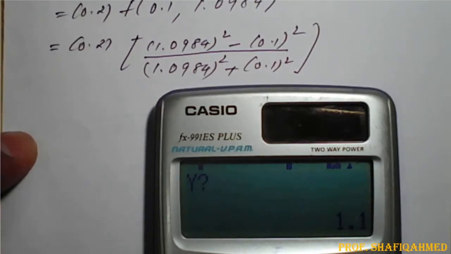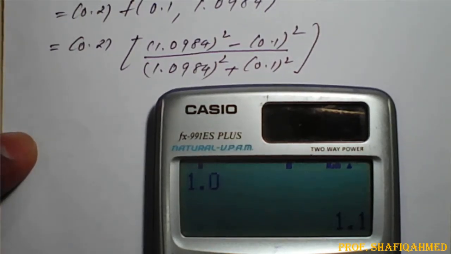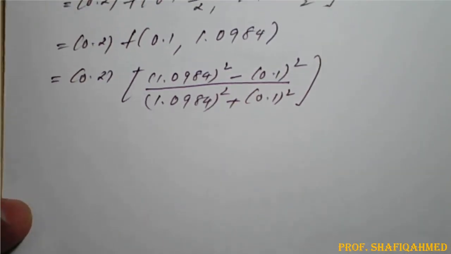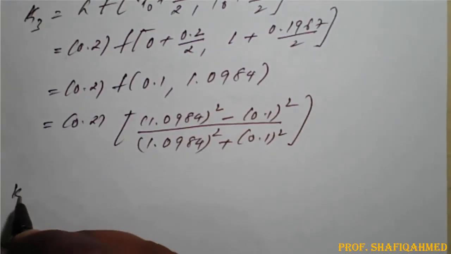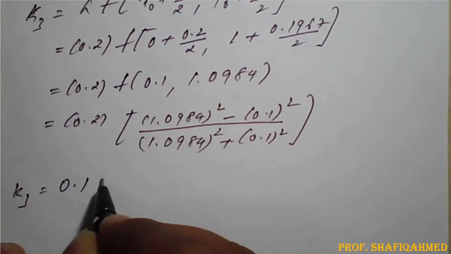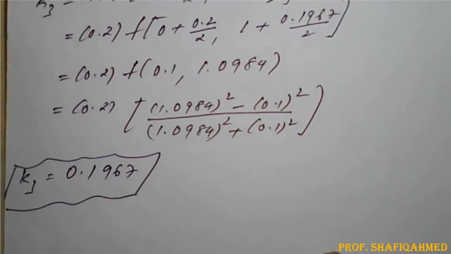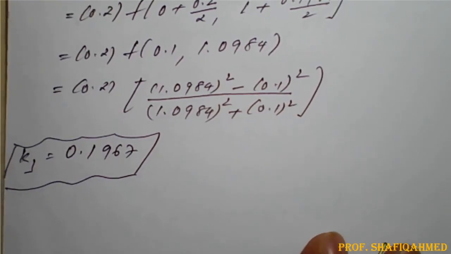The value of y is 1.0984 equal to, and the value of x is 0.1 itself. We got 0.983559, and into 0.2 we also need to multiply. So we got 0.1967 again. So therefore the value of K3 will be 0.1967. Usually in the RK method, K2 and K3 values are approximately the same.